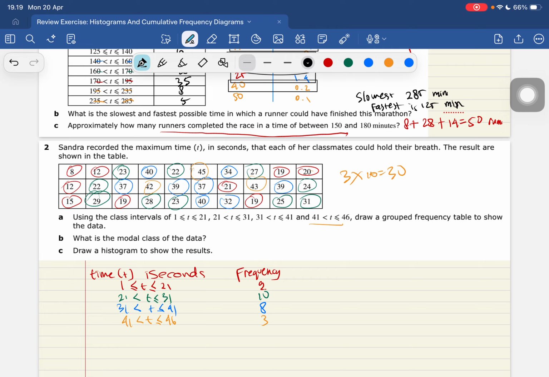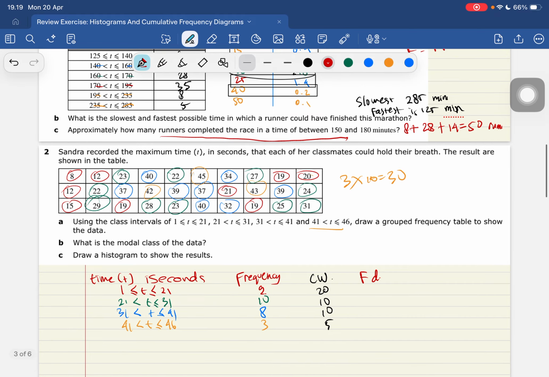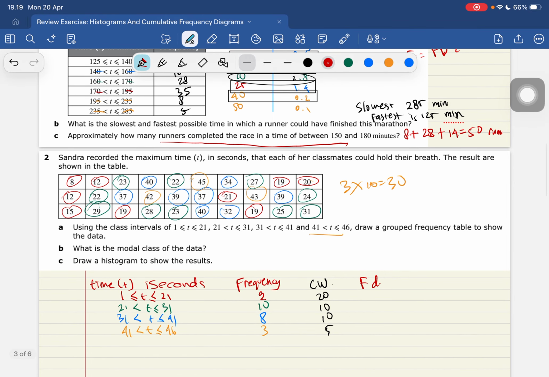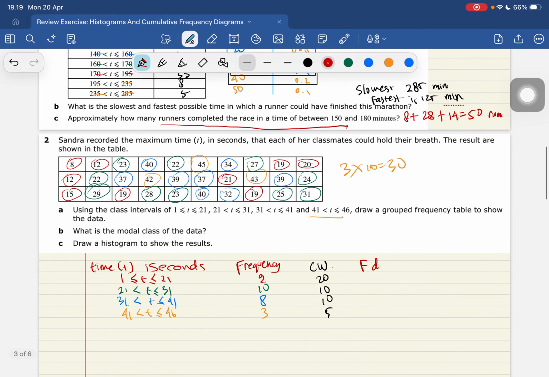Next, we find the class width. The first is 20, then 21 to 31 is 10, also 10, and the last is 5. Next, the frequency density is the frequency divided by the class width.